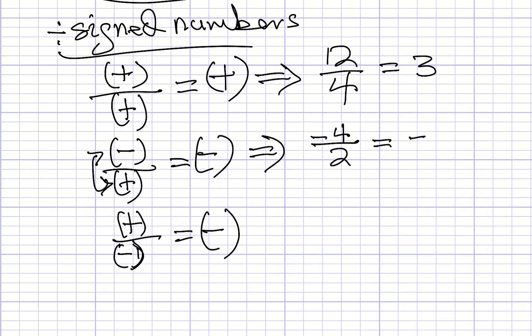You get negative 2. Let's say you have 6 divided by negative 2. What do you get? You get negative 3. So that's how that breaks down. Negative numbers and positive numbers, when you multiply and divide them, that's what you get. Okay, so let's move on.